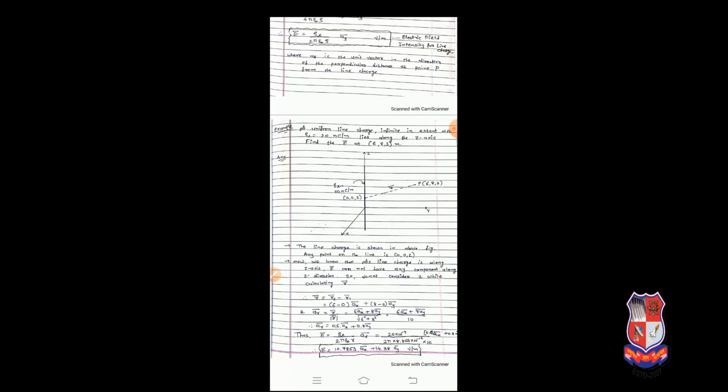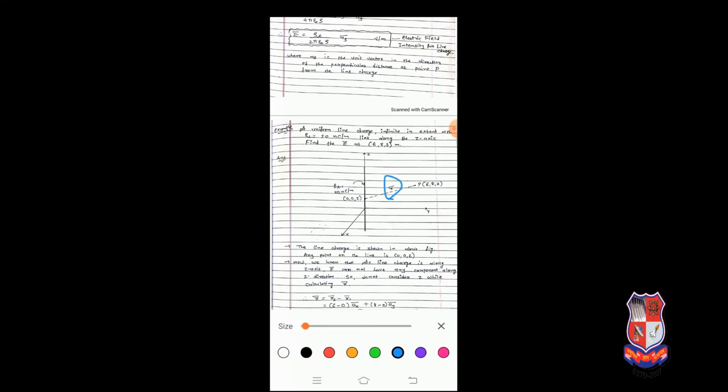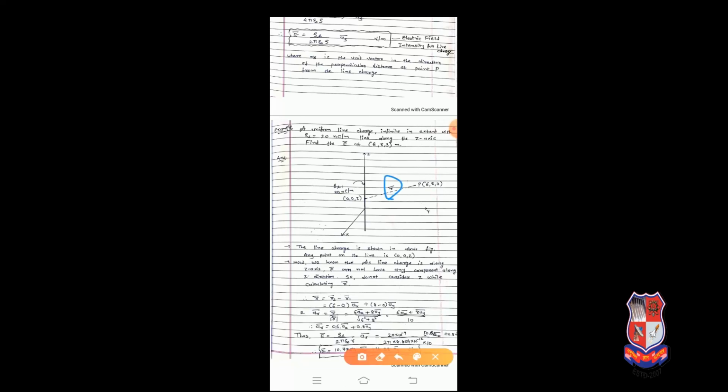Now first of all we can find the vector r, the distance from point 1 to point 2. So here vector r is equal to r2 minus r1. So first component 6 minus 0 ax plus 8 minus 0 ay, and z axis not considered. So we can write 6 ax plus 8 ay.